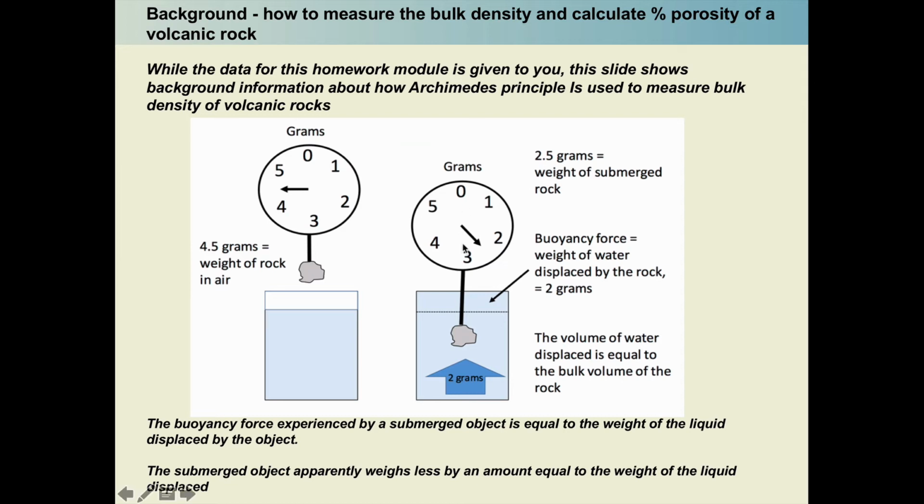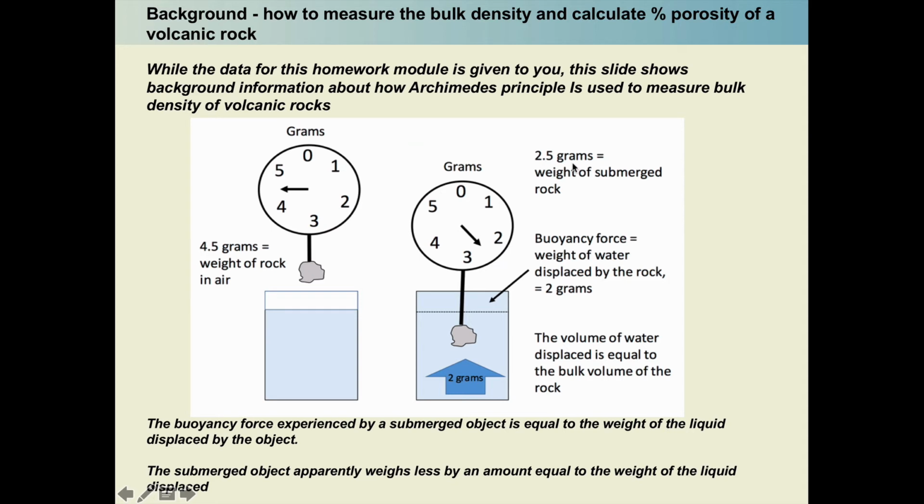So when you weigh your rock, if your rock is full of vesicles, it's full of holes, or even if it doesn't have holes, the weight of the submerged rock is going to be less than it was in air because it's got that buoyancy force lifting up on it, right? So it's counteracting the forces of gravity. So in this case, the submerged rock only weighs 2.5 grams.